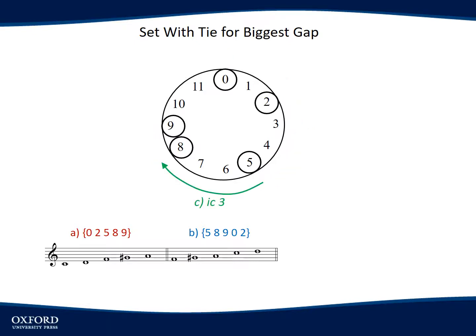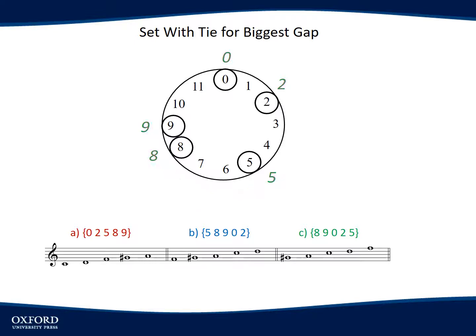If we look at option C, the note after the biggest gap is 8, which is G sharp or A flat. Then we move clockwise to 9, 0, 2, and 5. The normal order for option C would be 8, 9, 0, 2, 5. Looking at all three options, which has the smallest intervals at the bottom?